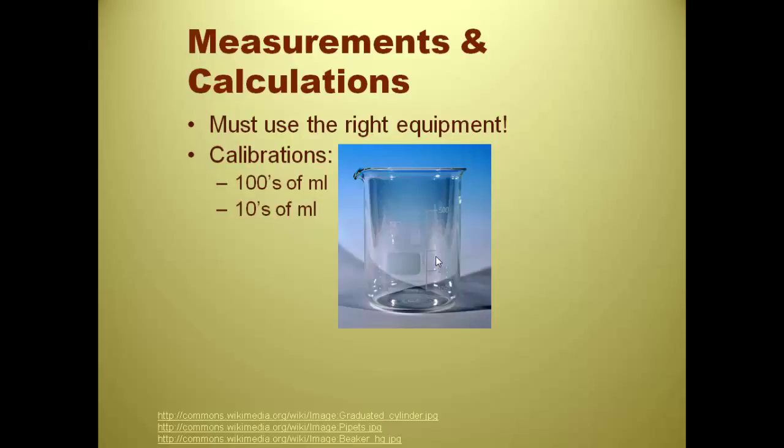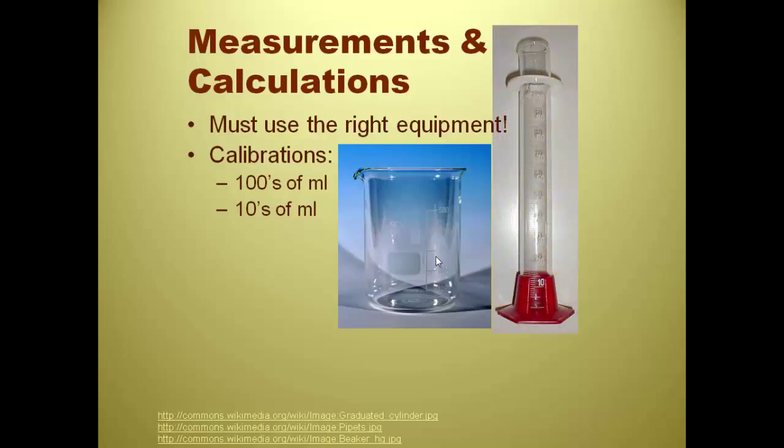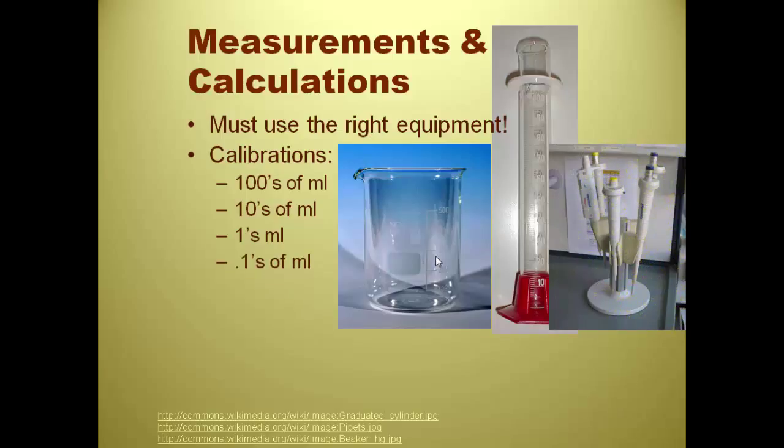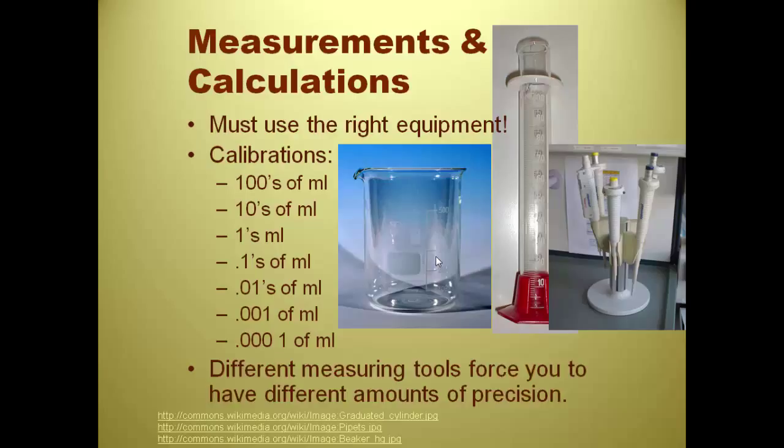You'd have to use something that gets down to the tens of milliliters, where we're talking about graduated cylinders. If we wanted to go smaller than that, ones of mLs, 0.1s of mLs, we use pipettes, which get down to 0.01s of mLs, 0.001 of mLs. Microliters is what we're talking about here.